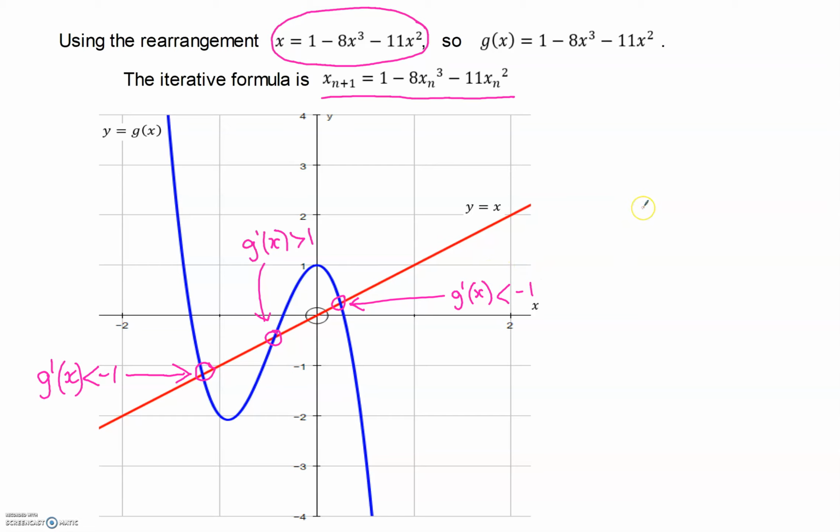Let's consider what would happen if we had a start value of 0. So if x0 is 0, we're going to start, as we always do, with going up to find our curve.